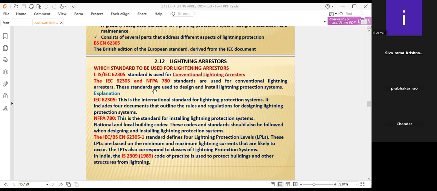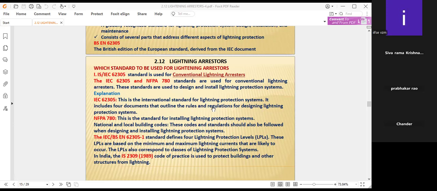These standards are used to design and install lightning protection systems. IEC 62305 is the international standard for lightning protection systems. It includes 4 documents that outline the rules and regulations.